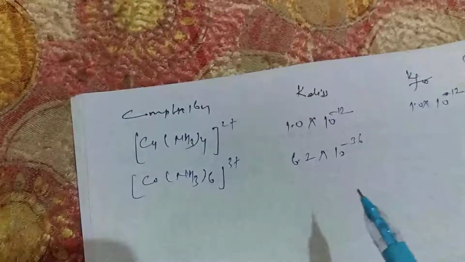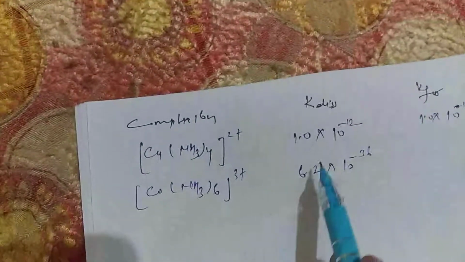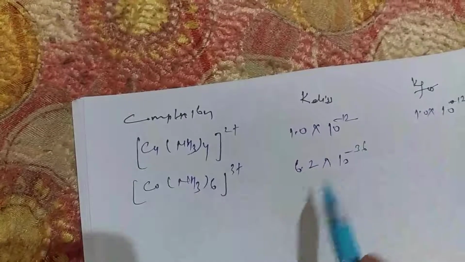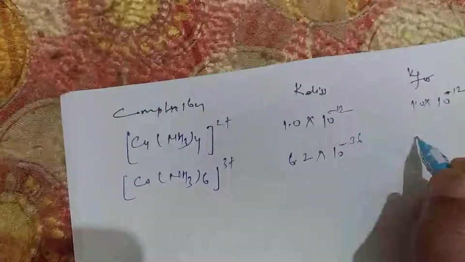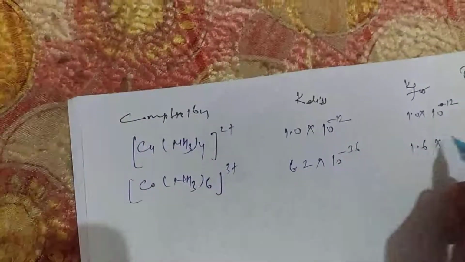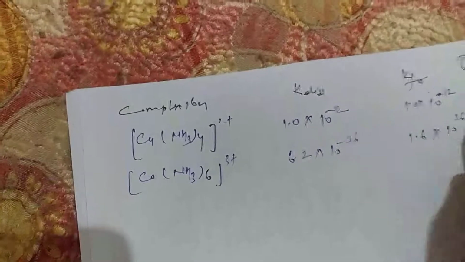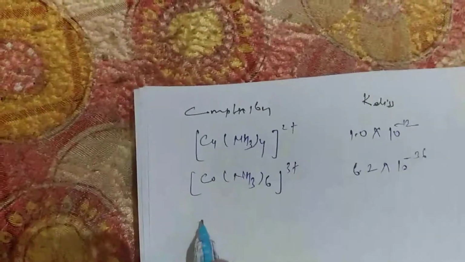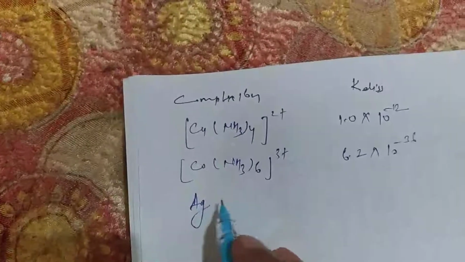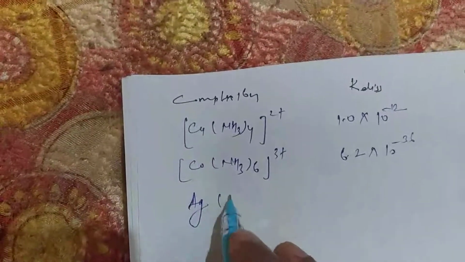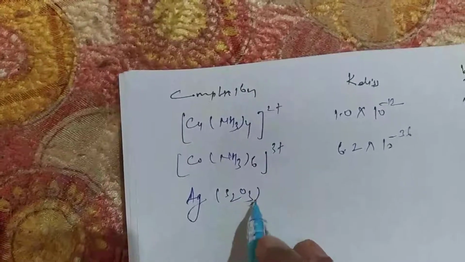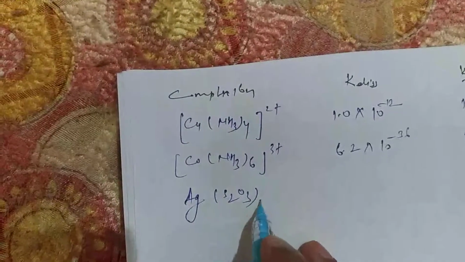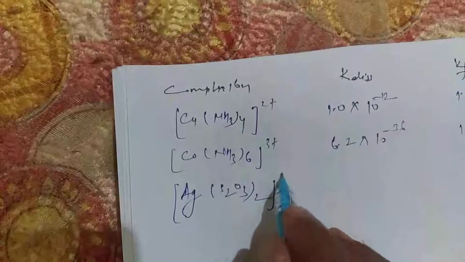What will be the value of formation constant? 1 upon this, so this will be 1.6 and 10 to the power 36 positive. Similarly, let's take one more example, silver thio complex, Ag(S2O3)2 3 negative.